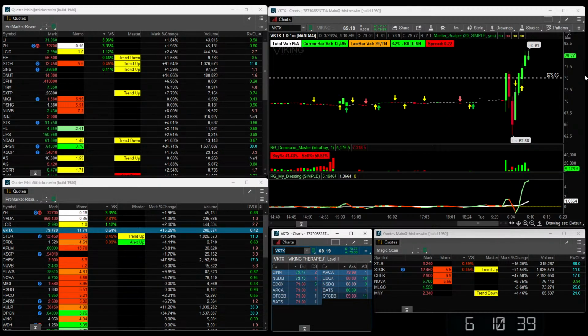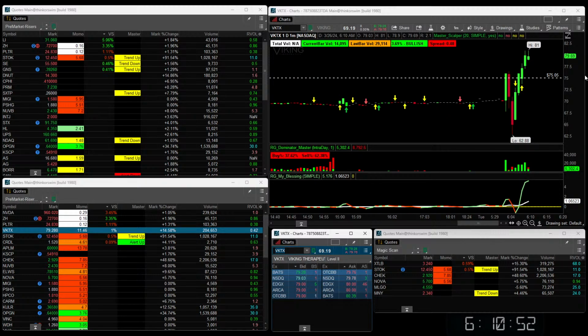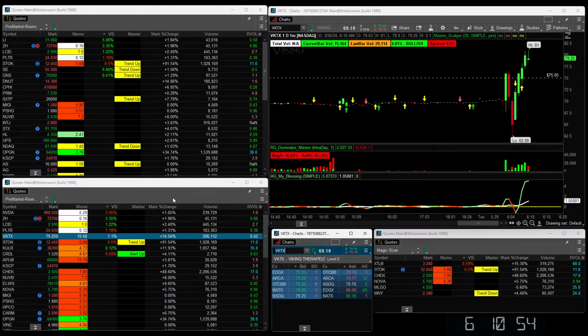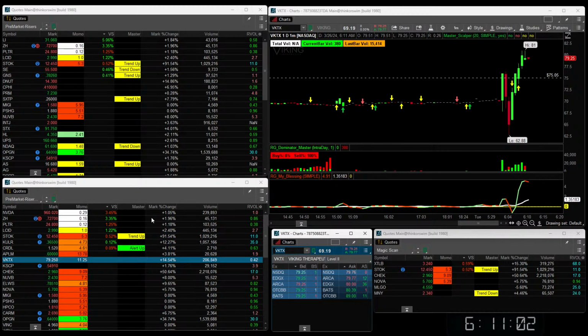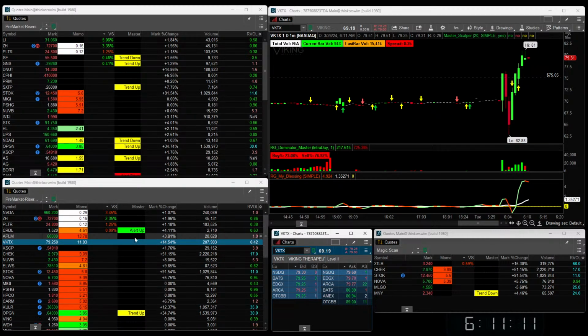Already at 81. Volume is not spiking on VKTX. STOK popped up a couple times yesterday for us. I believe we got a small play off of it yesterday morning.